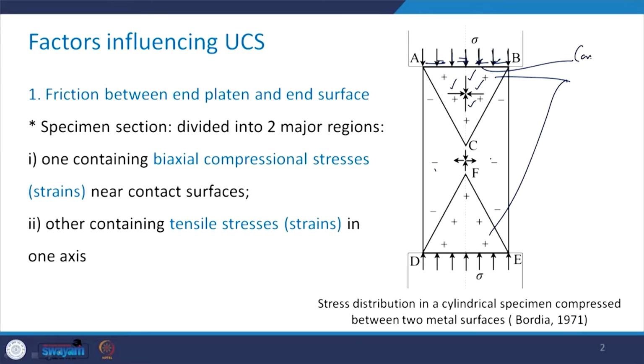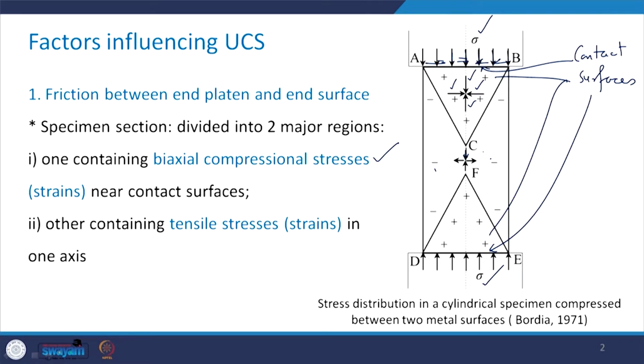These are the contact surfaces. This is the one and this is the other one. At these contact surfaces, because of this friction, you have biaxial compressional stress or strains. However, what happens in the remaining part? Because of the compressive nature of the load which has been applied, you will have compressive stress in this same direction.